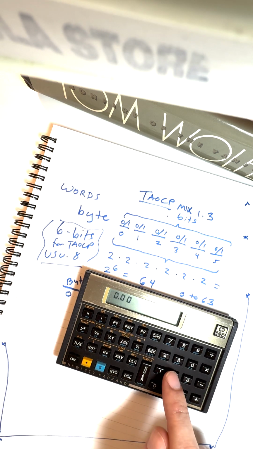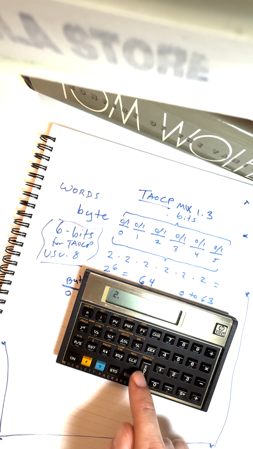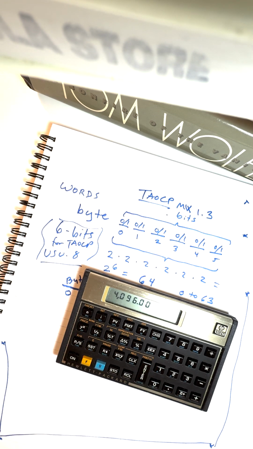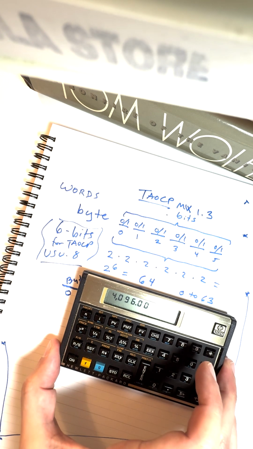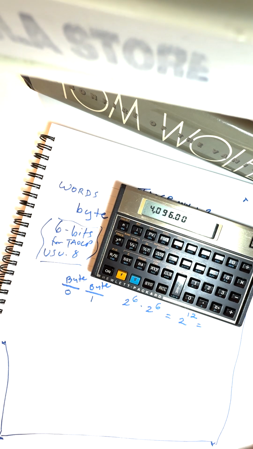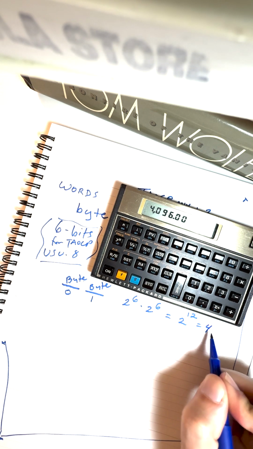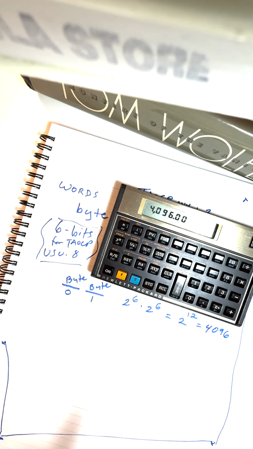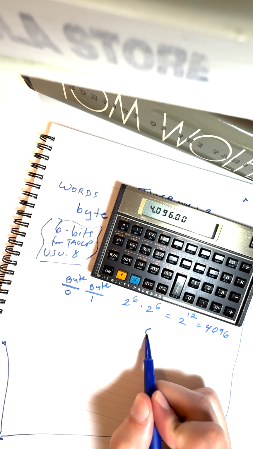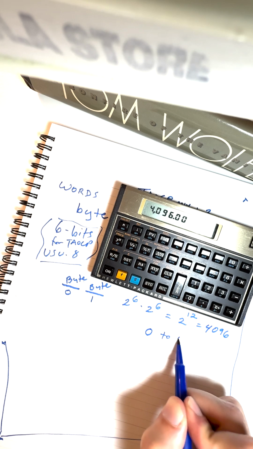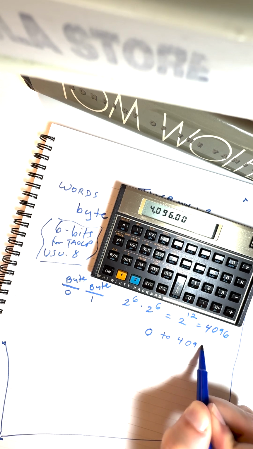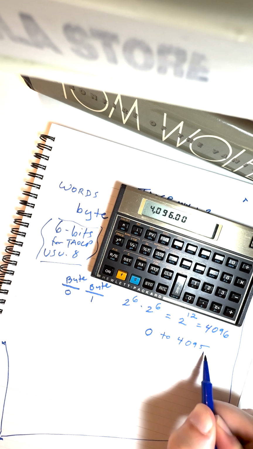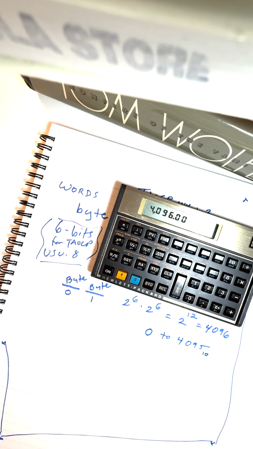So that'd be 2 to the 12. And then we got our answer, 4,096. And you would count from 0 to 1 less than that, 4,095. Obviously, these are in base 10 here.